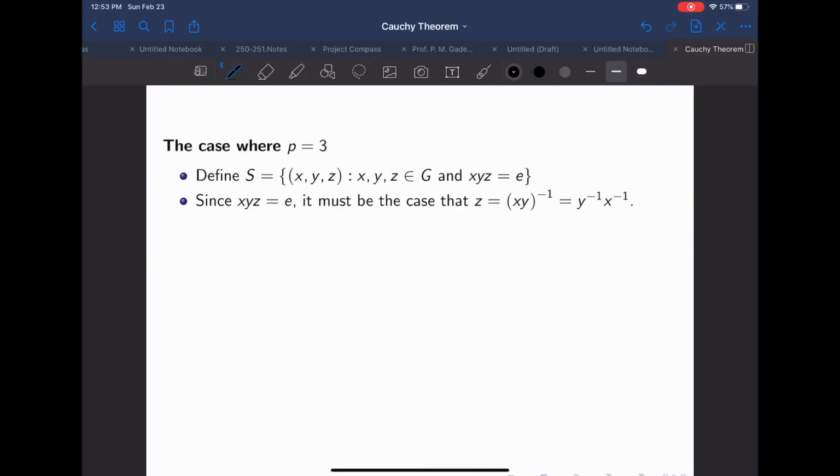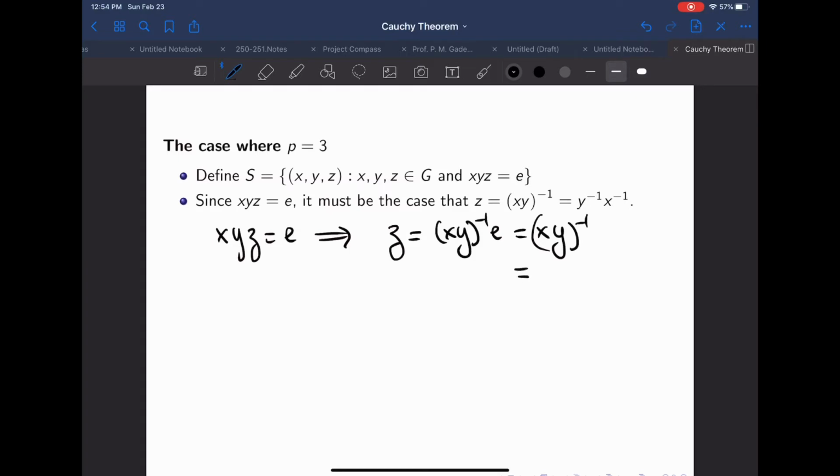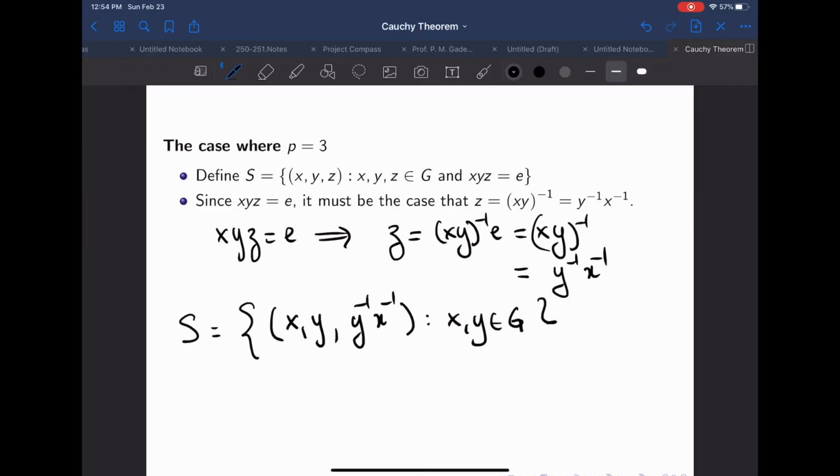Now, the fact that xyz is equal to the identity implies that z must be (xy) inverse, which is y inverse x inverse, right? So this is telling you that S is actually a set of triples of the type (x, y, y inverse x inverse), where x and y are in G, right? So somehow there is a relationship between x, y, and z.